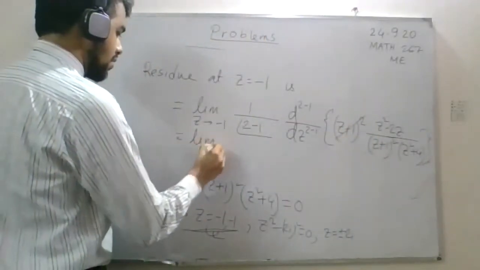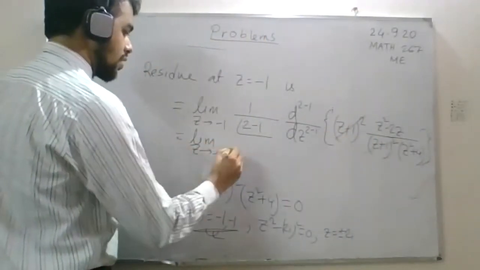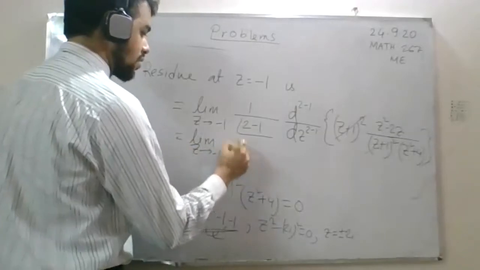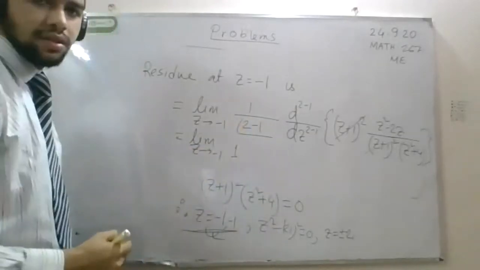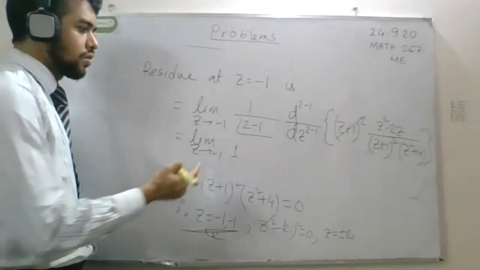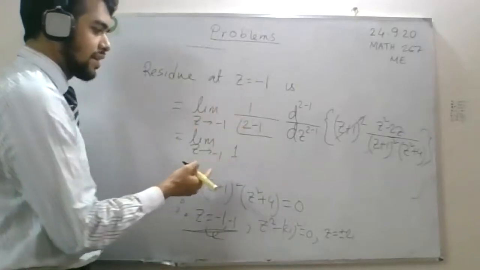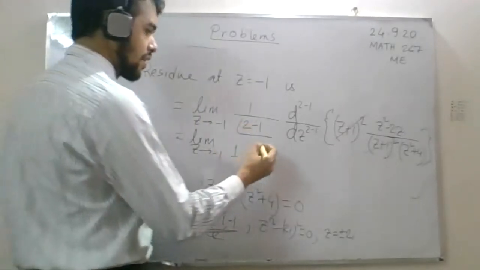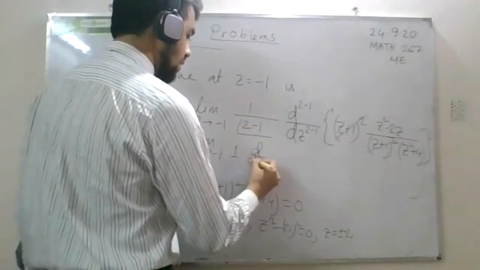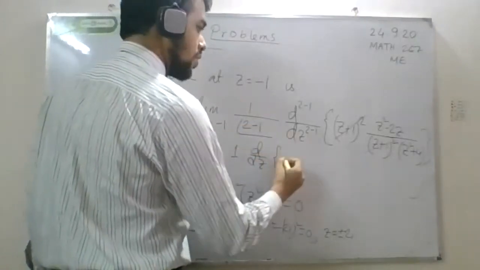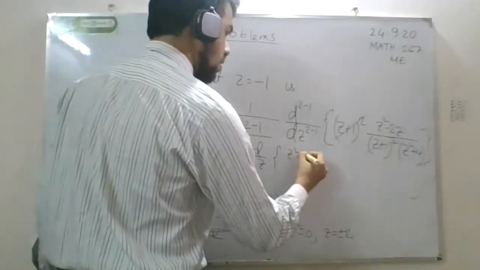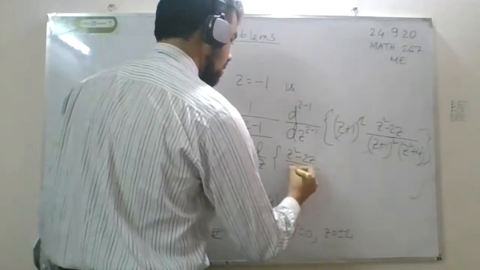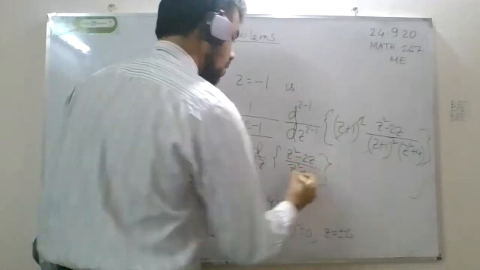Here the factorial term is 1, because 1 factorial means 1, as all of you know. So 1 by 1 factorial is obviously 1. Now here d by dz of z square 2z divided by z square plus 4.